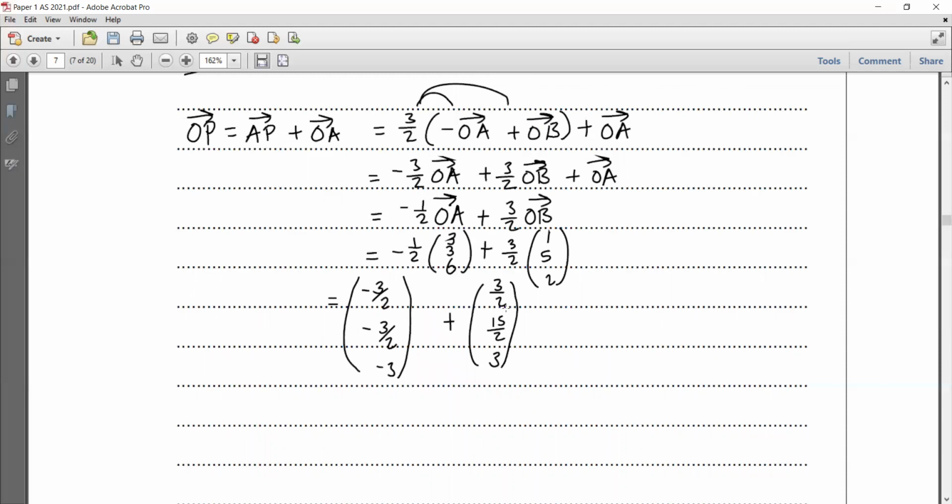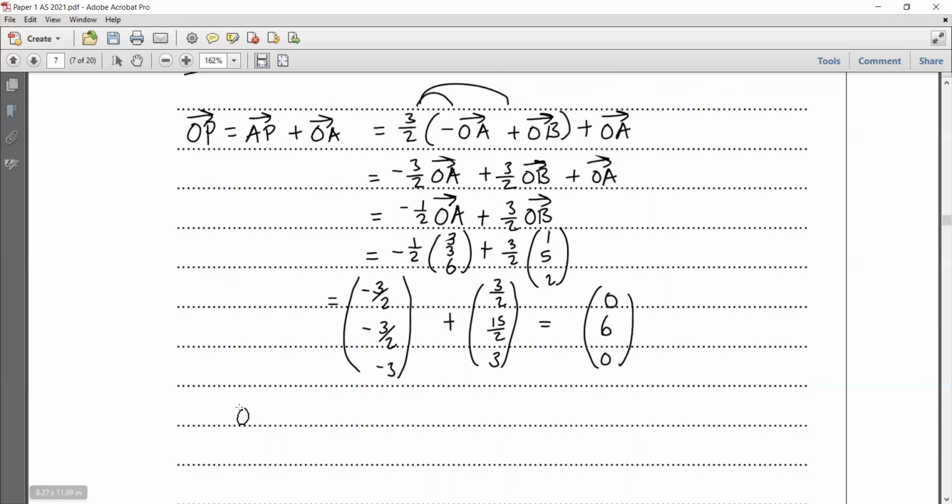And now we just add the corresponding elements. Negative 3 over 2 plus 3 over 2, that is 0. Negative 3 over 2 plus 15 over 2, you can do that on your calculator. That's 12 over 2, which is equal to 6. And then negative 3 plus 3, this is 0.